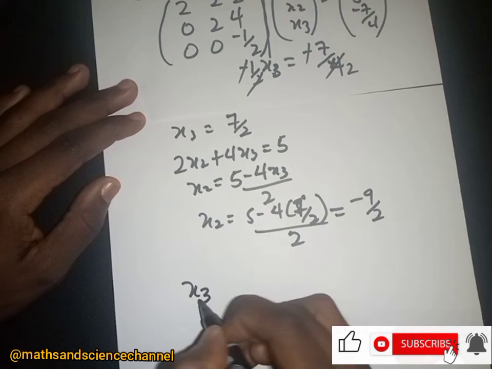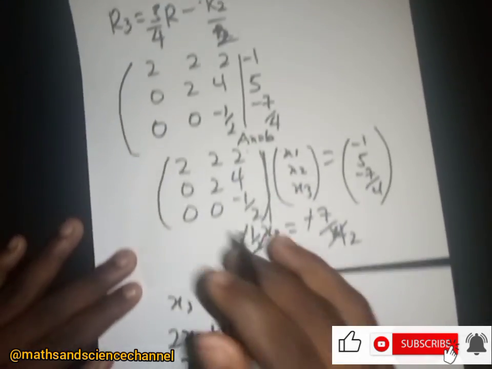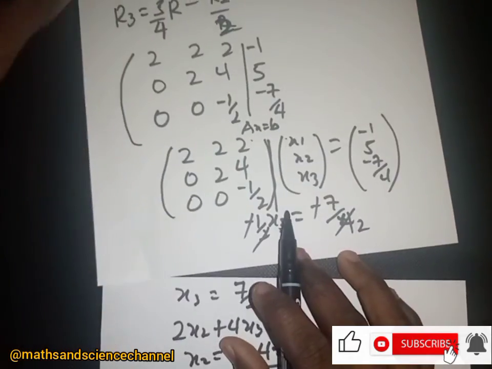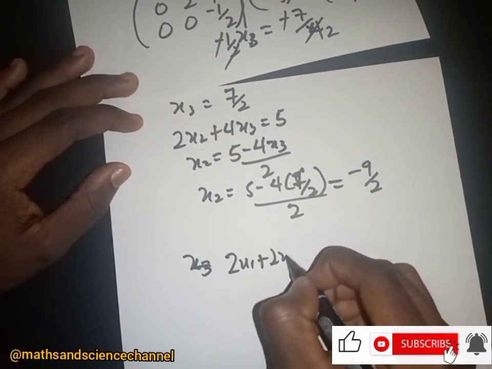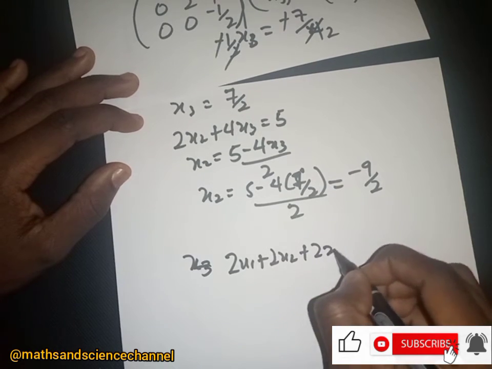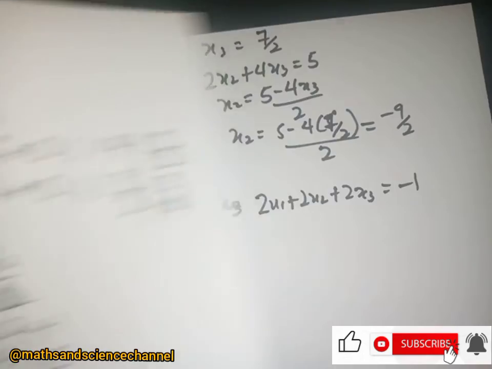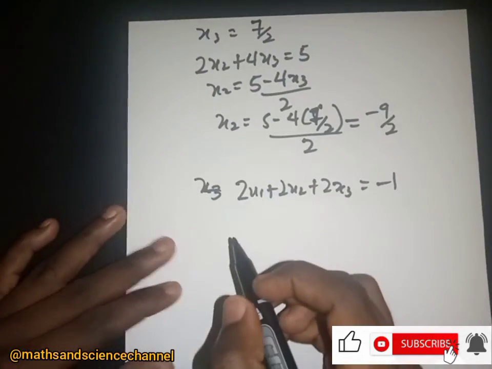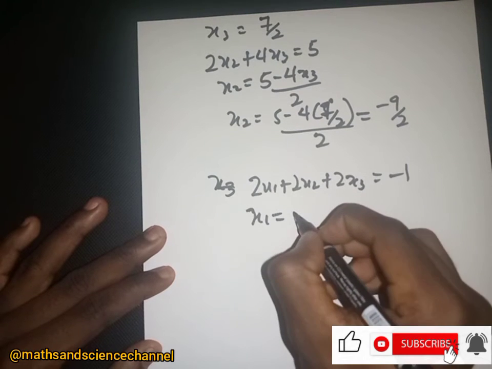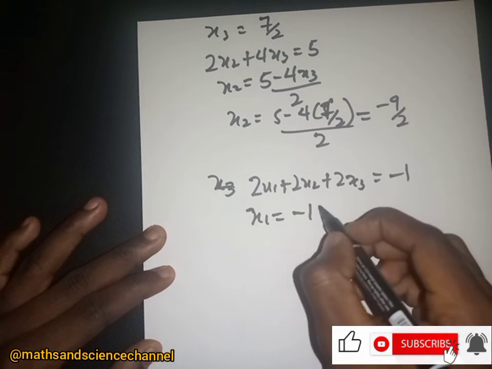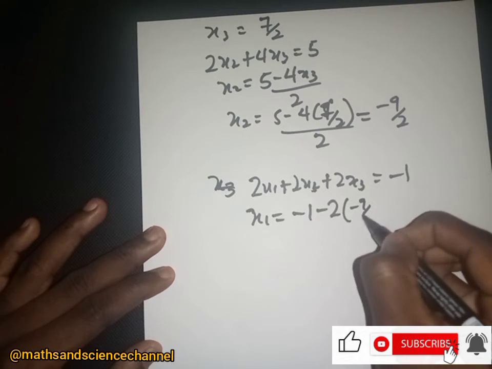Now in the first part where we have 2 throughout, we have 2 s1 plus 2 s2 plus 2 s3 being equal to negative 1. So we are just going to get s1 being equal to negative 1. Remember, it is minus 2 s2. s2 is just negative 9 over 2.